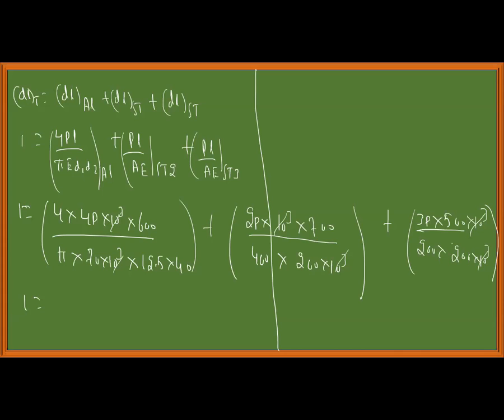Plus, once again, open the bracket, this term 2 into alpha, close bracket, x into 700 by 400 into 200, close the brackets, plus same thing 3 into alpha x into 500 divided by 200 into 200.